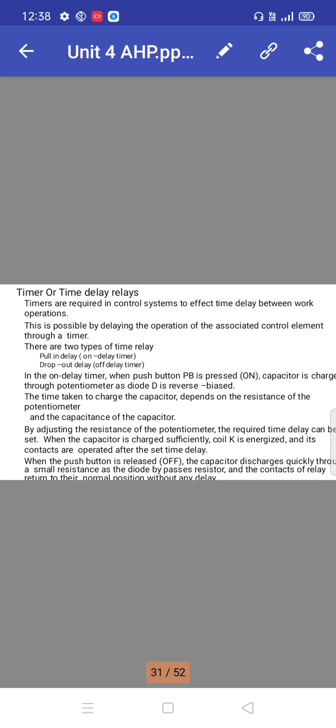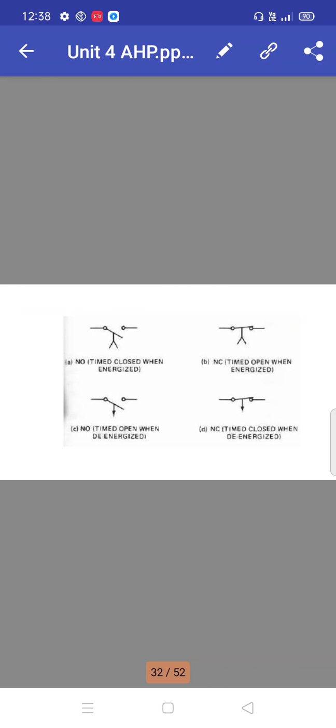When the capacitor is charged sufficiently, coil K is energized and its contacts are operated after the set time delay. When the push button is released, the capacitor discharges quickly through a small resistance as the diode bypasses the resistor, and the contacts of the relay return to their normal position without any delay. So this is the diagram shown.